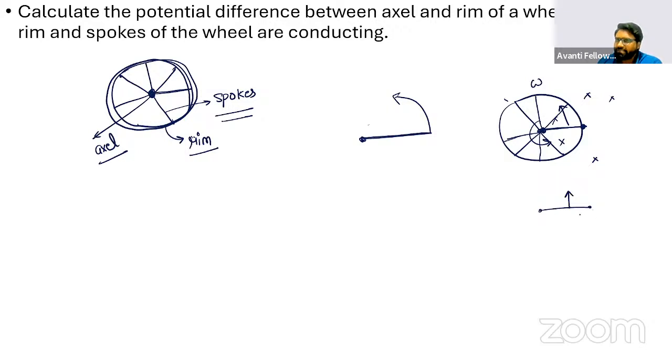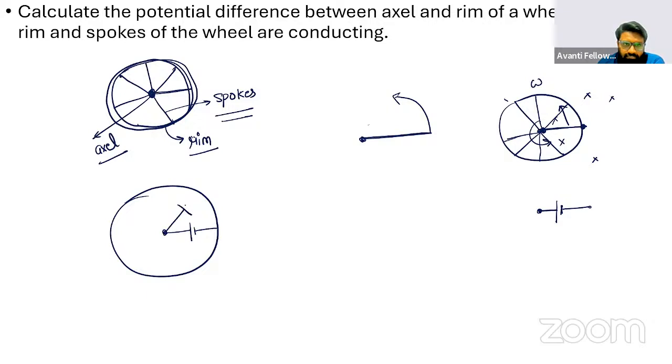I showed you that if the rotation is anti-clockwise, the end about which it rotates is positive and the farthest end is negative. So can we convert this whole wheel like this?